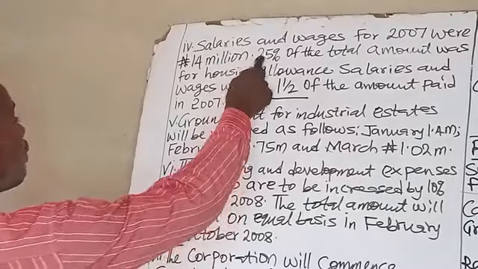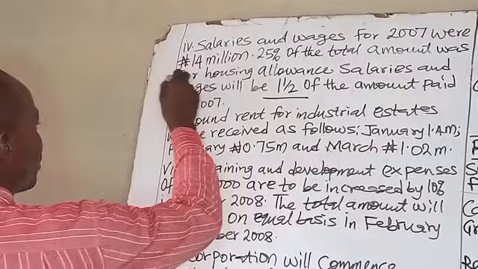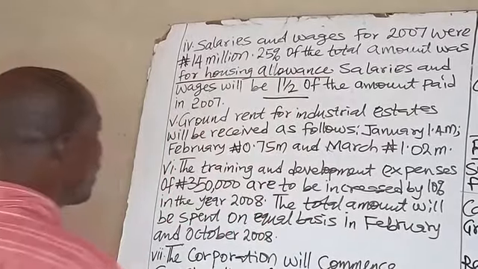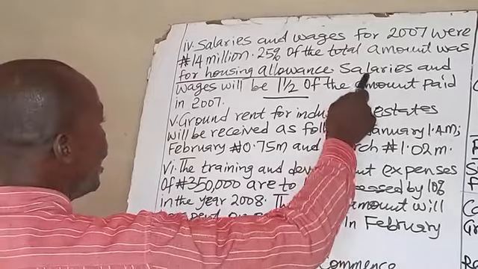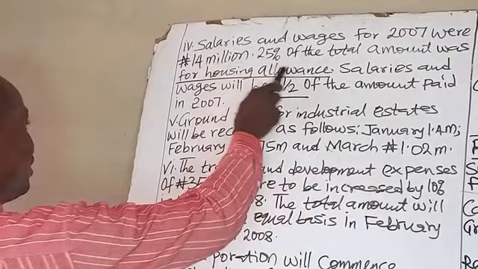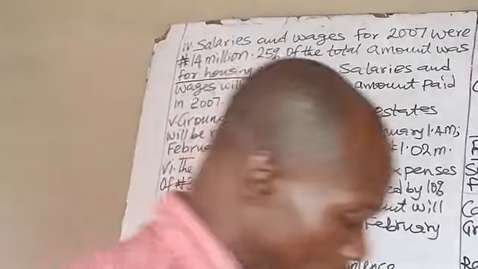We were told 25% of the total amount was for housing allowance. So if you calculate 25% for housing allowance, the remaining 75% will be the salaries and wages.